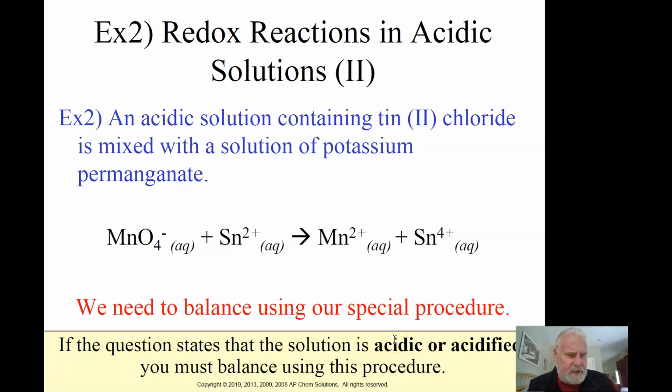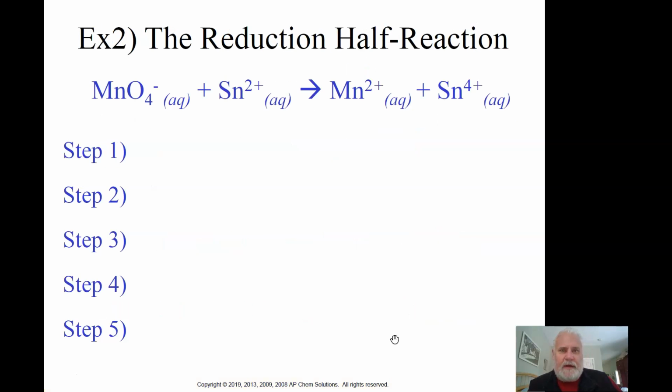Like next week, and we'll stop today when we get to basic reactions, there's just sort of a little extra step that you need to add, but the other things are pretty much the same. Okay, so let's go ahead and start with the reduction half reaction.